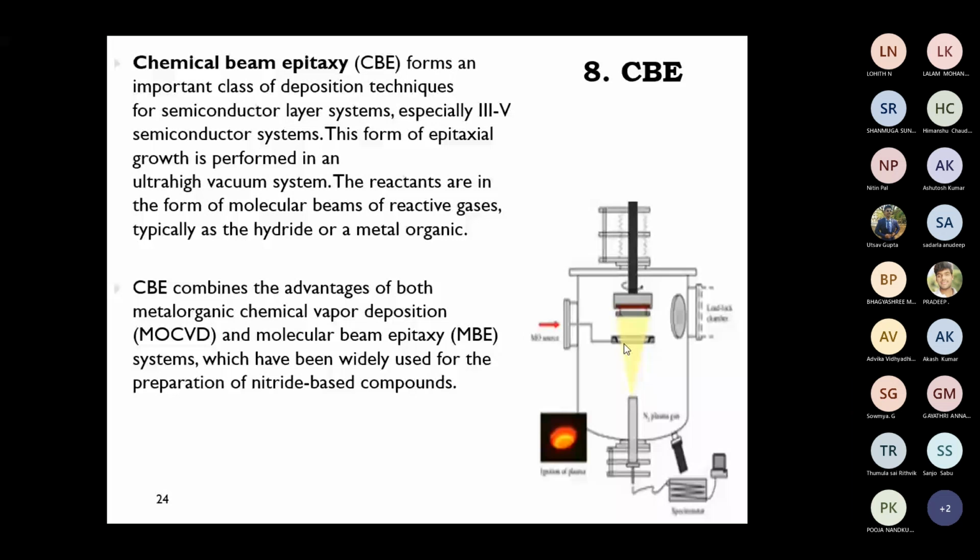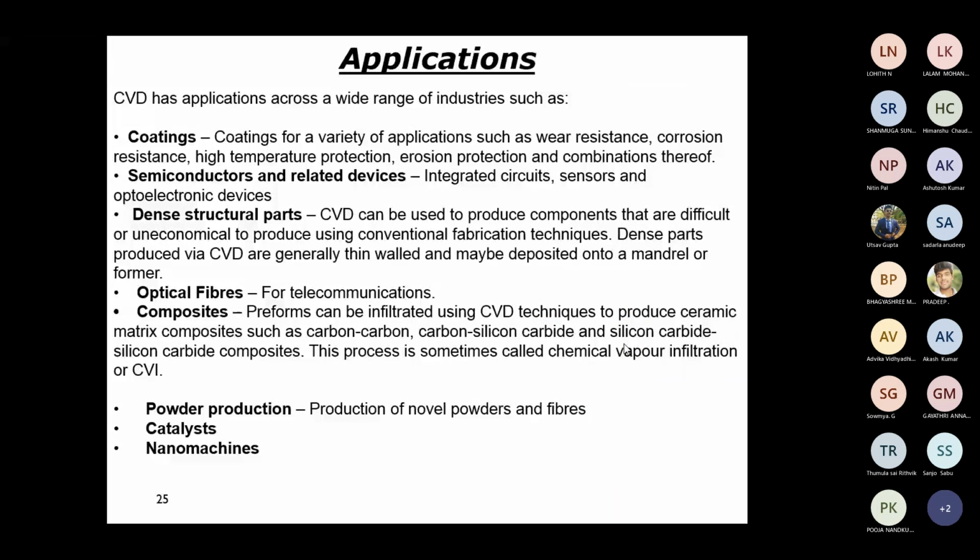These are the applications of CVD. It is extensively used for coating, for a variety of applications such as wear resistance coating, corrosion resistance coating, high temperature protection, erosion protection coating, and combinations thereof.